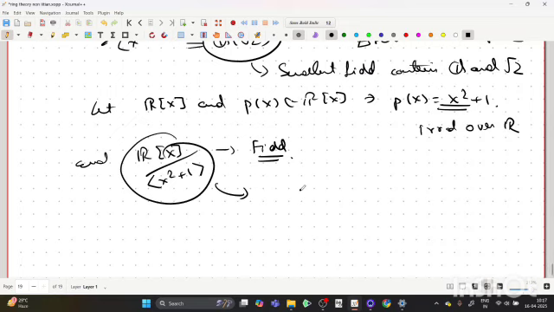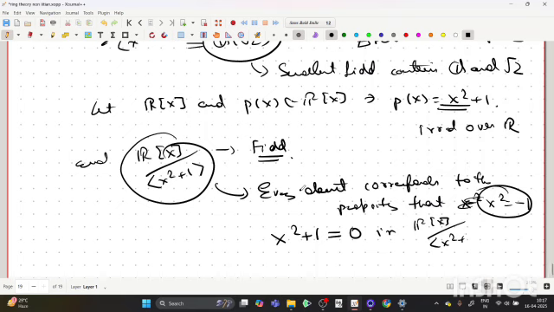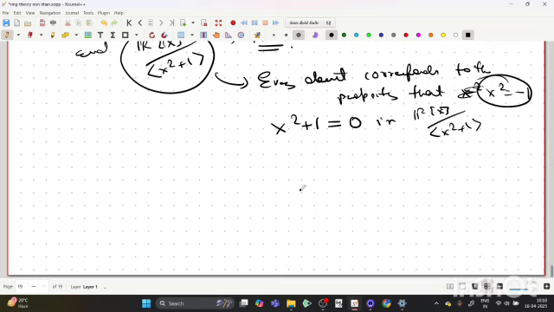But in this quotient ring, if you recall how we had talked about the elements inside the quotient ring, every element corresponds to the property that x^2 equals minus 1, right? Because if I choose any element from here, it must collapse in this way, because x^2 + 1 must be 0 in R[x] mod x^2 + 1, right? So that implies that x^2 must be equal to minus 1 in R[x] modulo x^2 + 1.